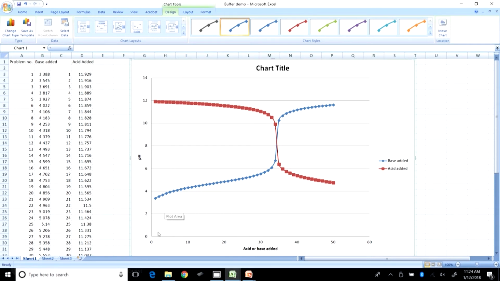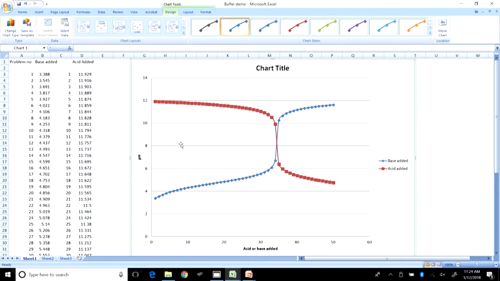So obviously, as you can see, what does that mean? That means that whenever the slope is less steep, the change in pH is small. For example, if I look at this region, it means that in this particular region you need to add a lot of base or a lot of acid.